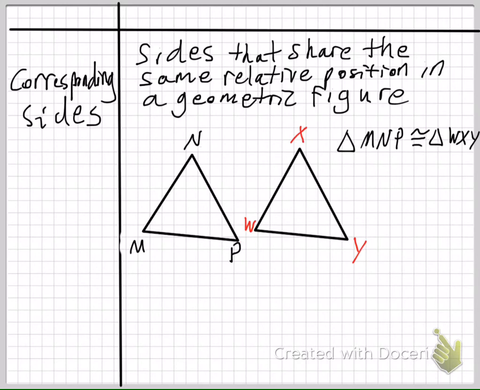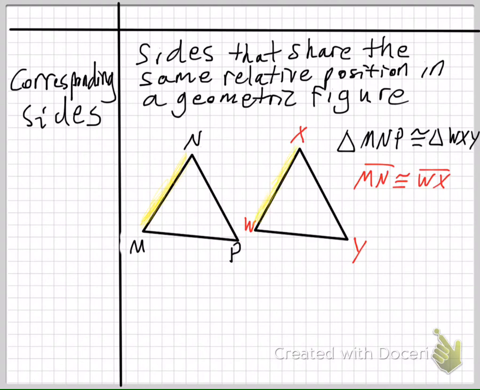So the first statement that I can make is that MN is congruent to WX. So here, MN is congruent to WX.